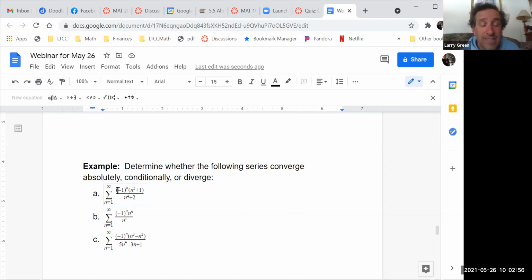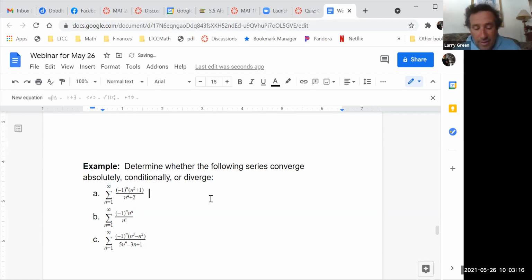So my recommendation is first do it in your head quickly. I just say, it looks like 1 over n squared, that converges. So that means it should converge absolutely, because I didn't need to use the (-1)^n. I didn't need to use the alternating series test.